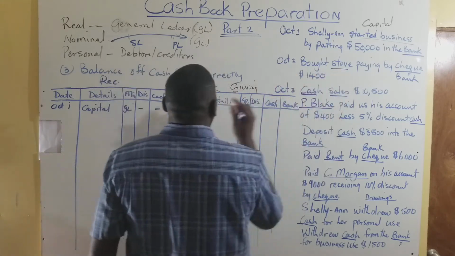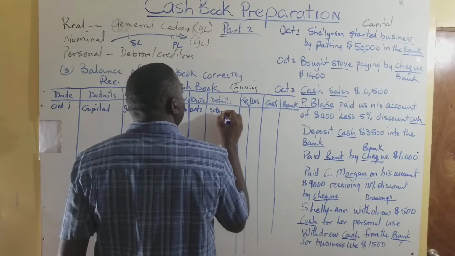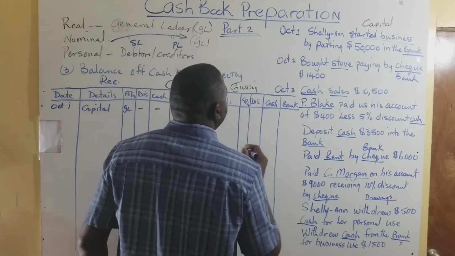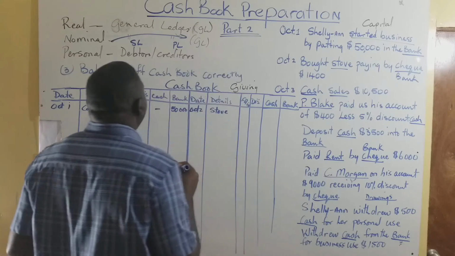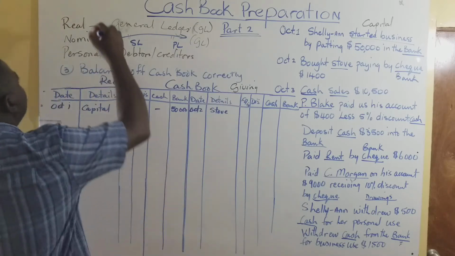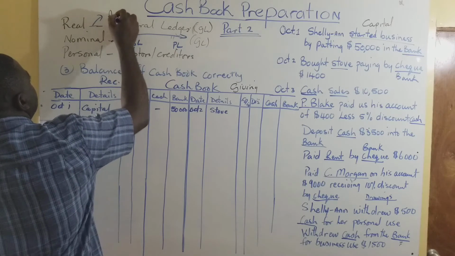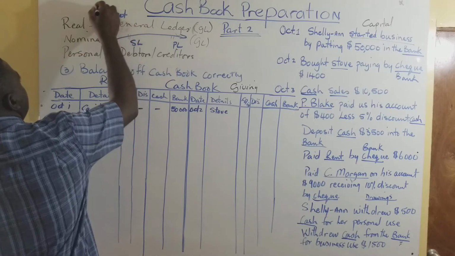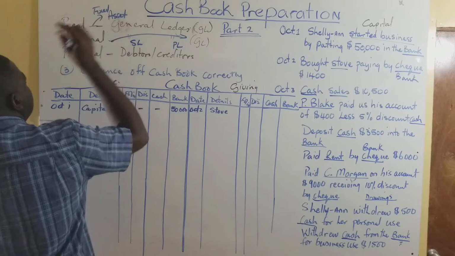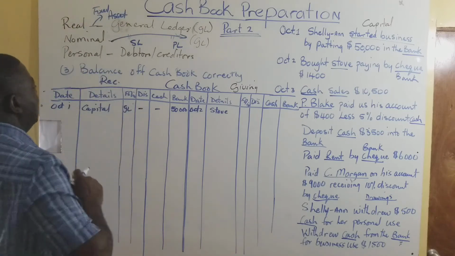The name of the other account is stove, which is an asset. And remember we said that the real accounts deal with assets, particularly fixed assets or tangible assets rather.